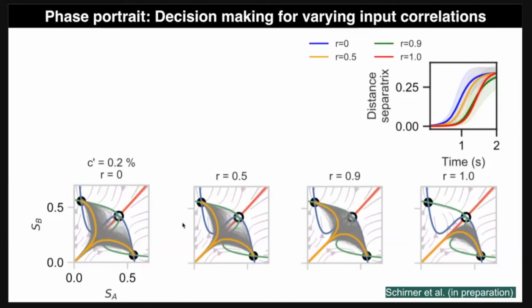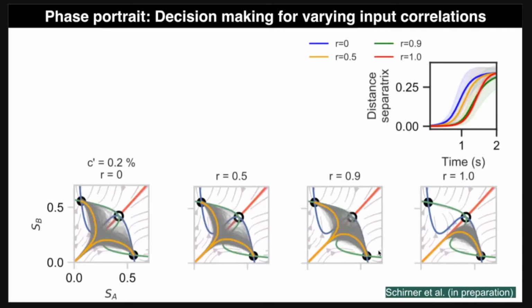So if you look at the orange lines, you will see that the more correlation we have, the longer the state variables are close to the red separatrix. Once a state variable moves away from the separatrix due to the configuration of the flow fields, the velocity towards an attractor state increases, and it becomes increasingly difficult for subsequent stimuli to pull the system back into the balanced state close to the separatrix.